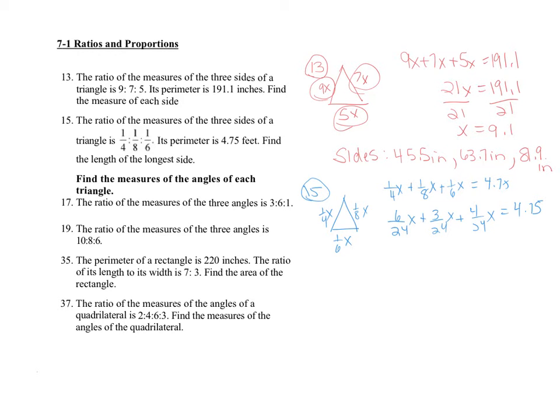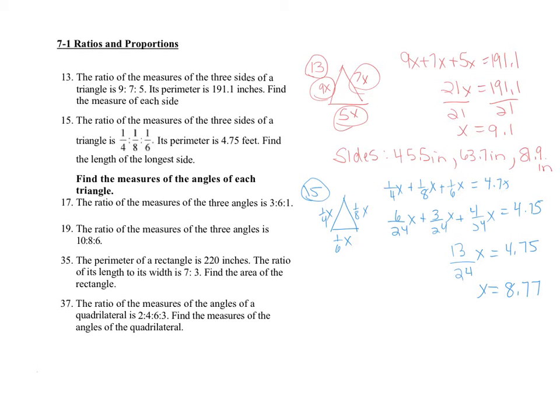If I add the numerators up, that is going to give me 13 over 24 x is equal to 4.75. When I cross multiply and divide there, I'm going to end up with x is equal to 8.77.